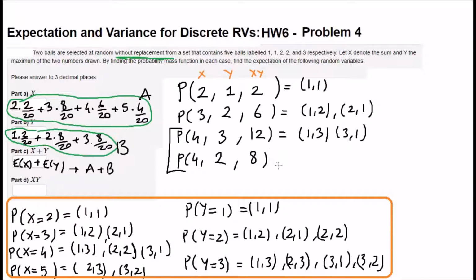And in this case, our coordinates are (2,2). And probability that x is equal to 5, then y value will be 3 and x times y will be 15. And only these two coordinates give us this (5, 3, 15).